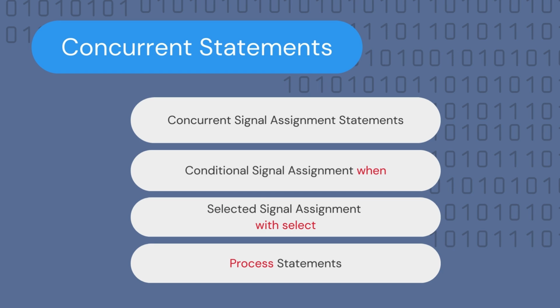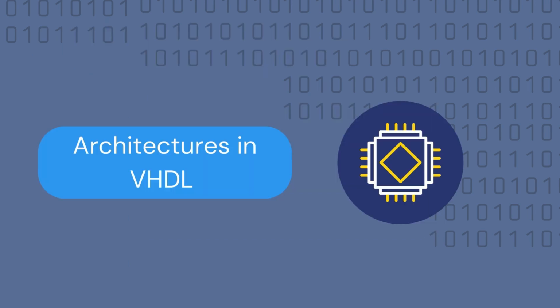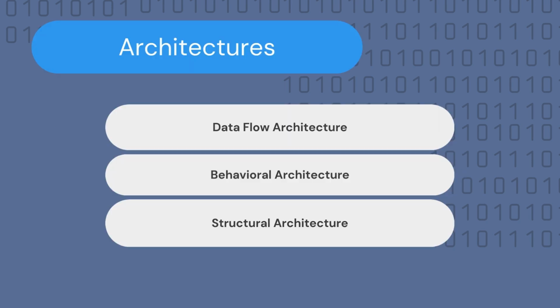To fully understand process statements, which are concurrent statements that include sequential statements, we must first observe the different approaches to writing VHDL architectures. There are 3 main approaches to writing a VHDL architecture: the data flow style architecture, the behavioral style architecture, and the structural style architecture.